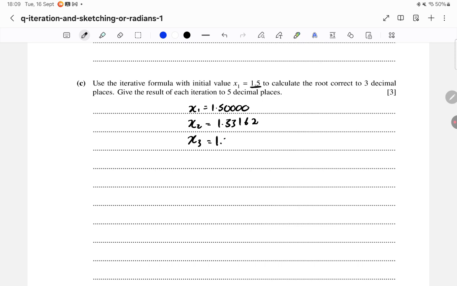In the next one I'm getting 1.27352. Next, 1.26724. Next, 1.26717. And next, 1.26717. So I'm seeing it's getting quite constant.